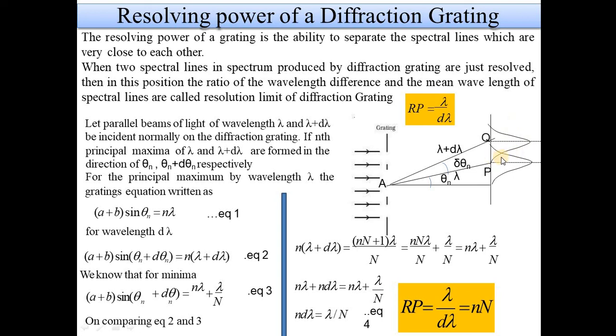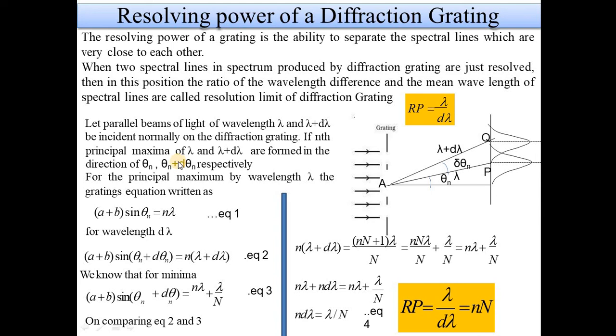Some sort of spectrum is generated. If the nth principal maximum of the light of wavelength lambda and lambda plus d lambda are formed in the direction, the angle of diffraction for lambda is theta n, and for lambda plus d lambda is theta plus d theta n respectively.